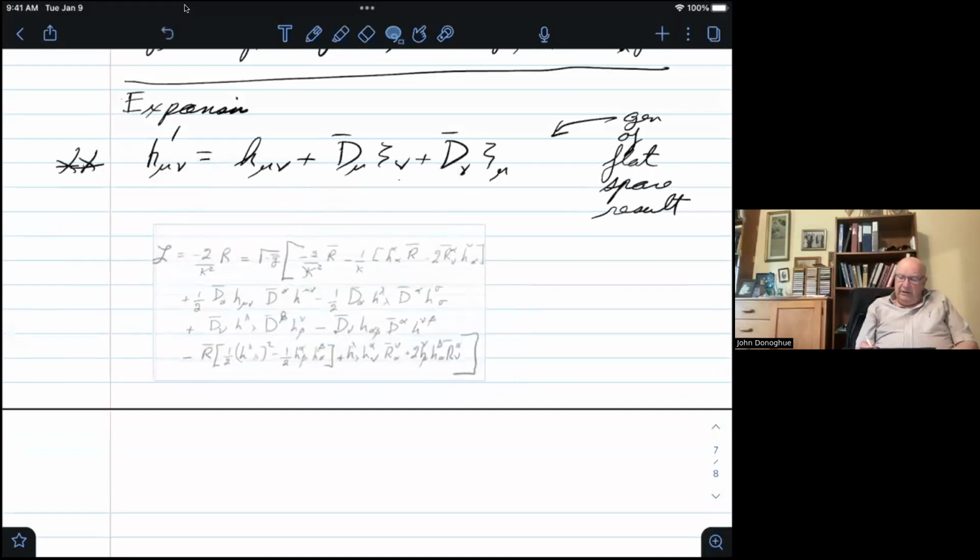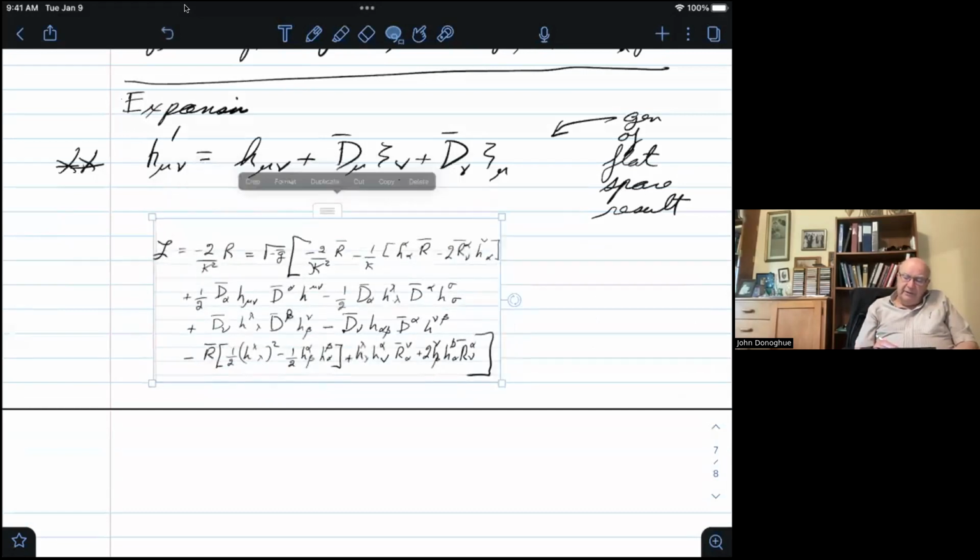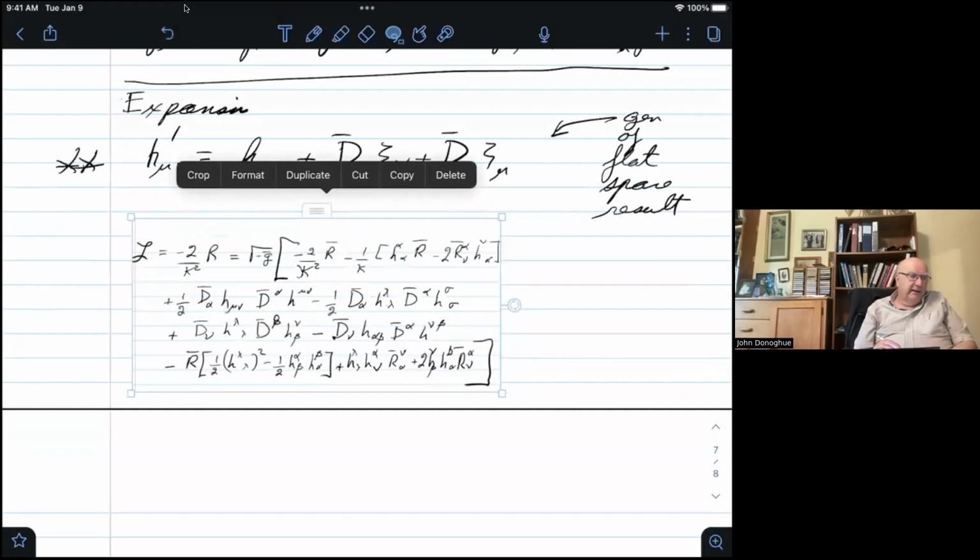Not that anyone cares too much about the detail, but that's what the answer is when you get to the end.